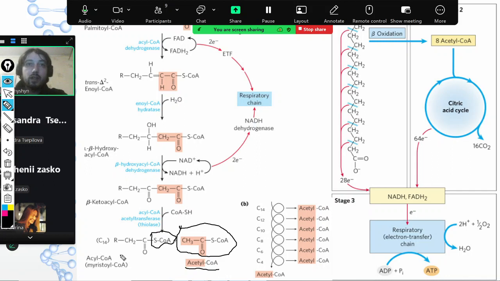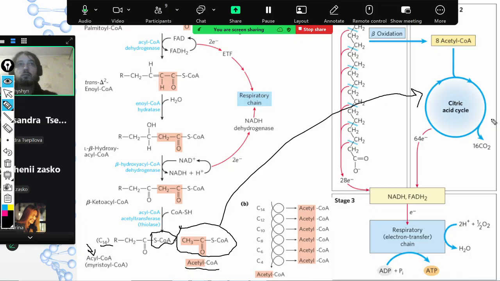Acyl-CoA has a long carbon chain. Here you see C14, so many carbon atoms. And here you see acetyl-CoA, just 2 carbon atoms. And this acetyl-CoA can now go to the Krebs cycle, and then some electrons will go to the electron transport chain. At the end of the day, you will get some ATP from all of that machinery.